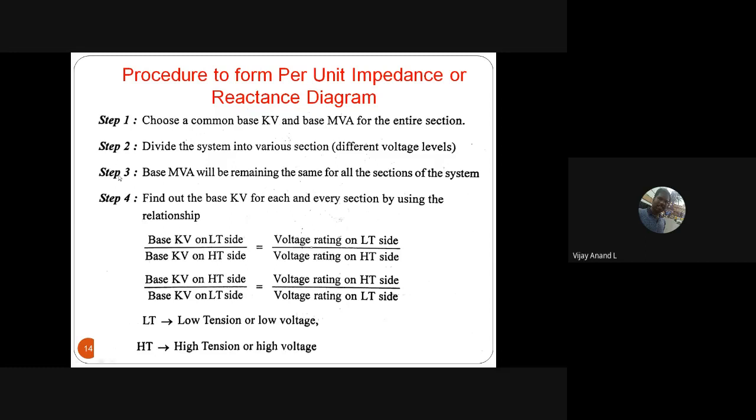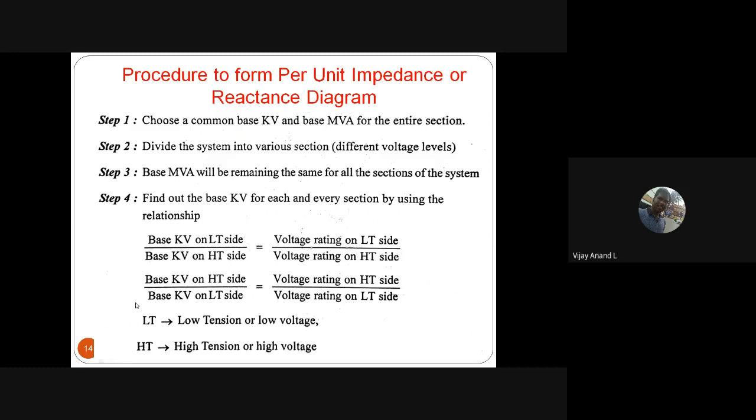In step 4, find out the base KV for each and every section by using the relation. Base KV on LT side divided by base KV on HT side is equal to voltage rating on LT side divided by voltage rating on HT side.